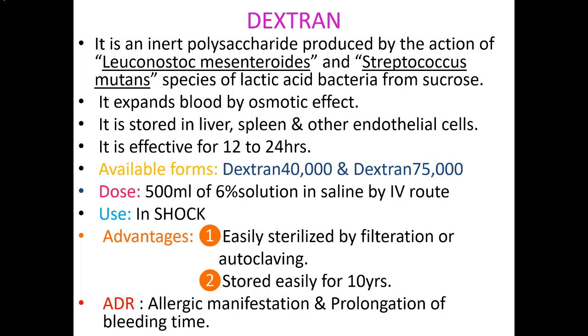After preparing this dextran, we can store it and use it for 10 years. For one decade, without worrying about its sterilization, we can use it worry free. That's why it is a very easy, very convenient and very harmless colloidal plasma substitute. That's why we will use this more.